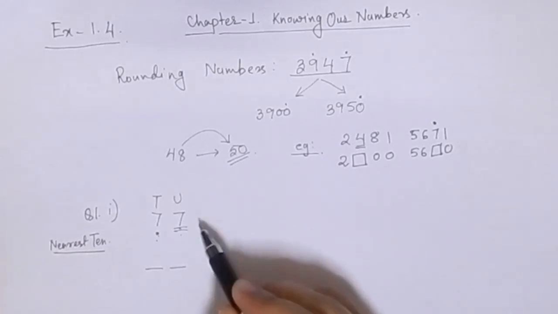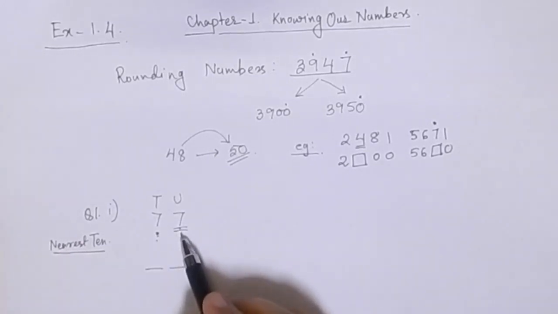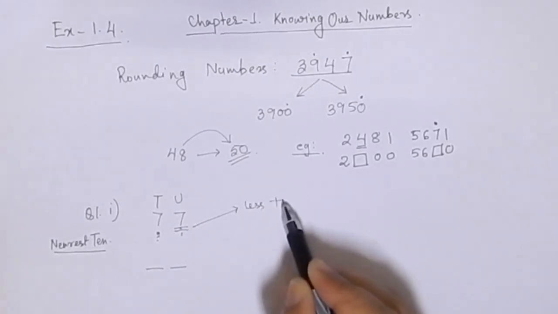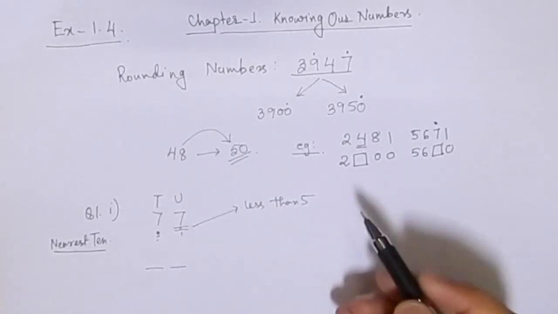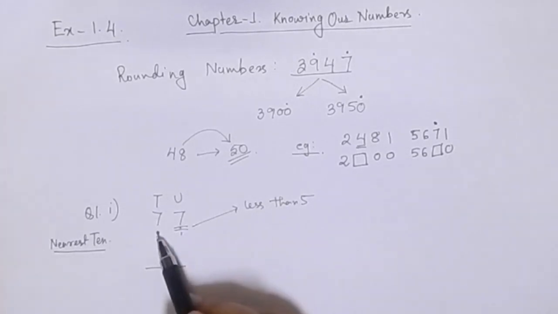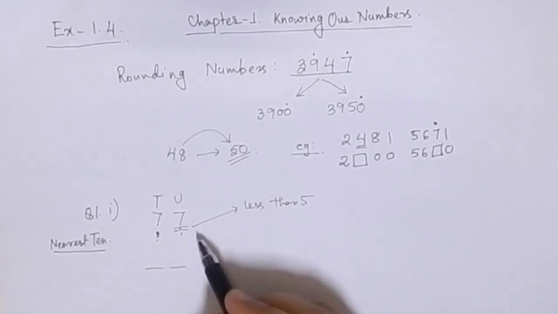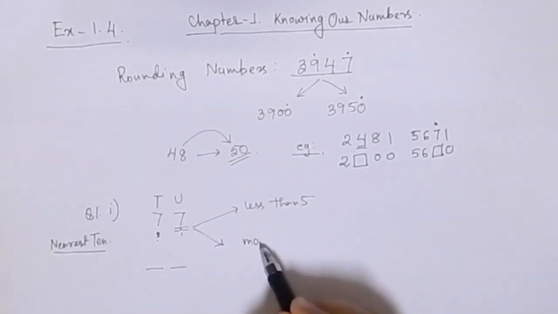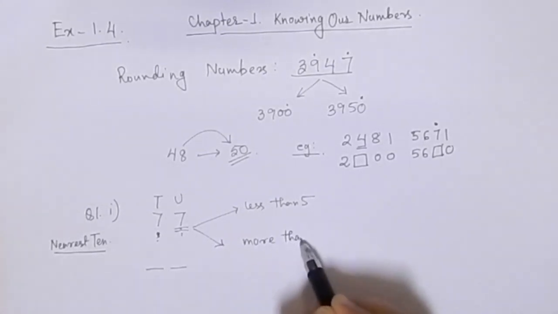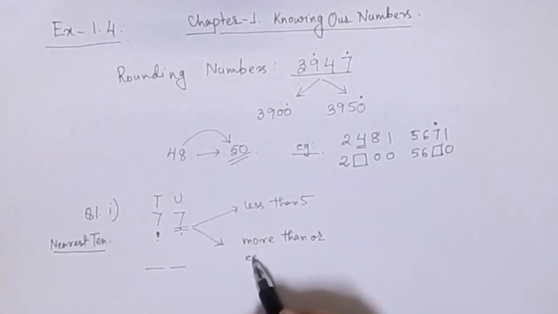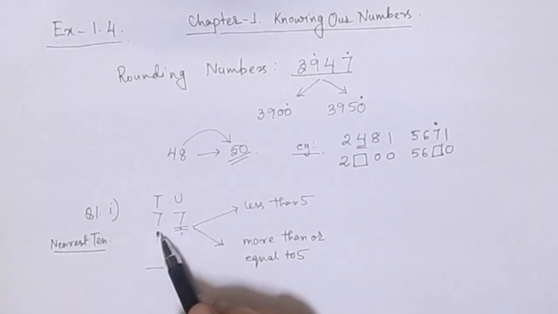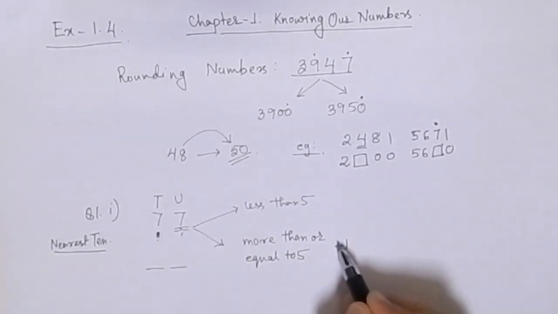If the number just on the right of this position is less than 5, then this one remains unchanged. And if it is more than or equal to 5, then this number will increase by 1.